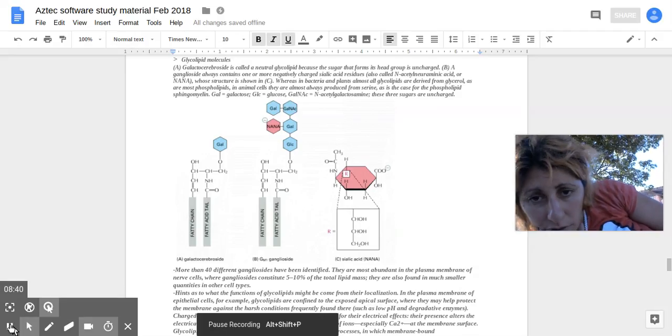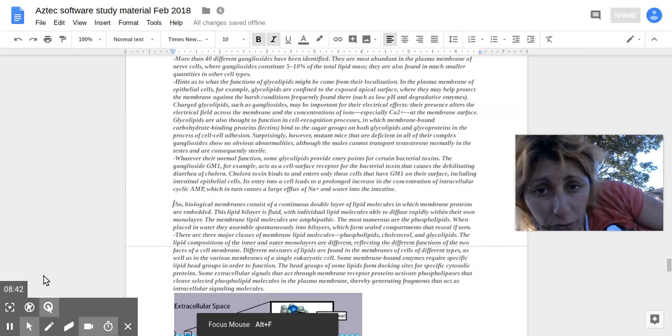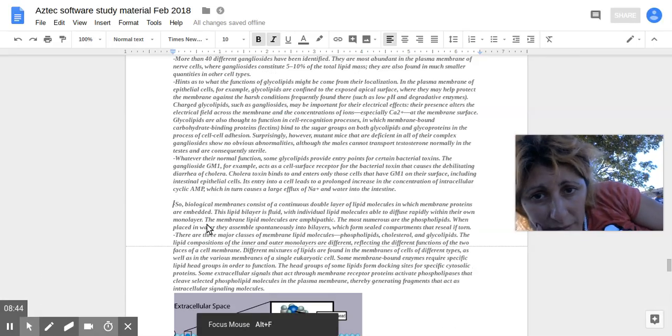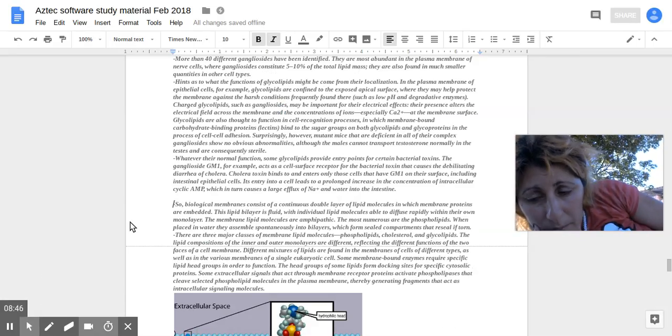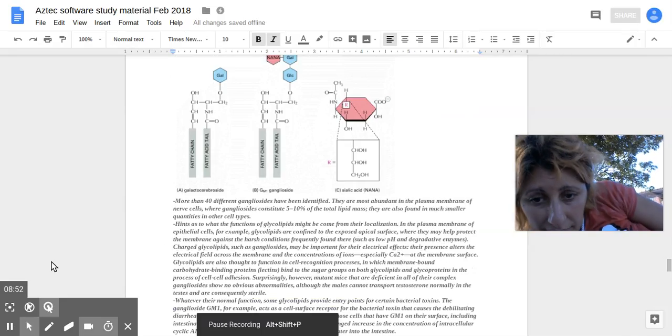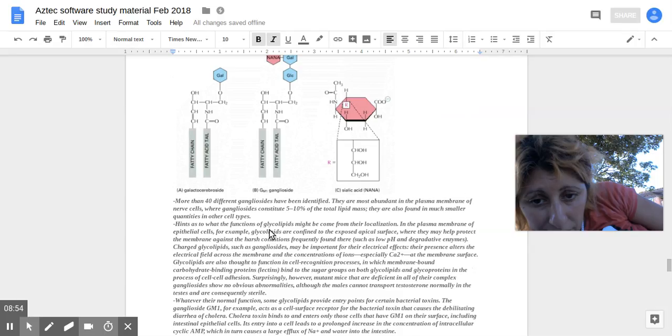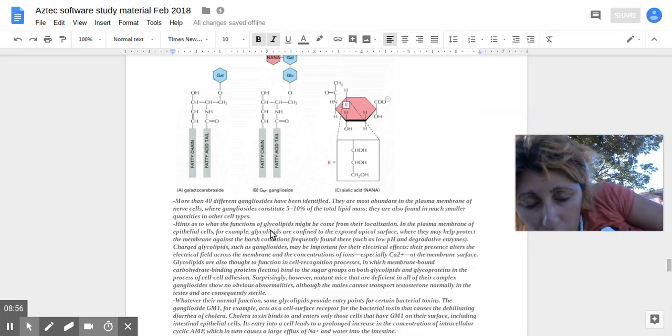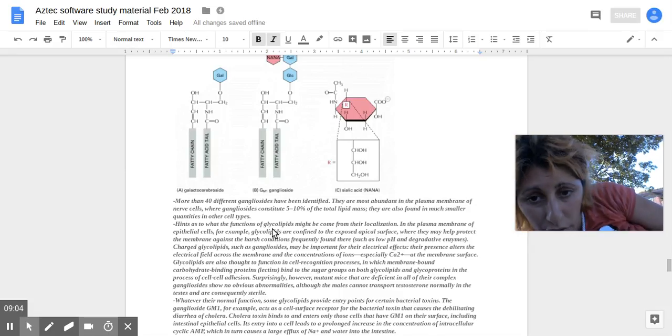More than 40 different gangliosides have been identified. They are most abundant in the plasma membrane of nerve cells, where gangliosides constitute 5 to 10% of the total lipid mass. They are also found in much smaller quantities in other cell types besides nerve cells.